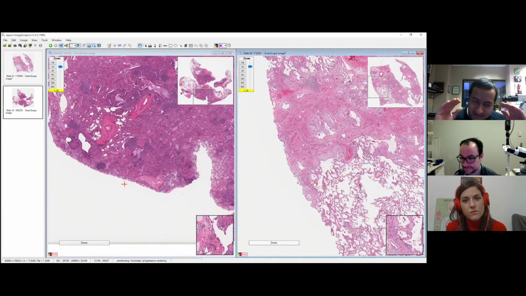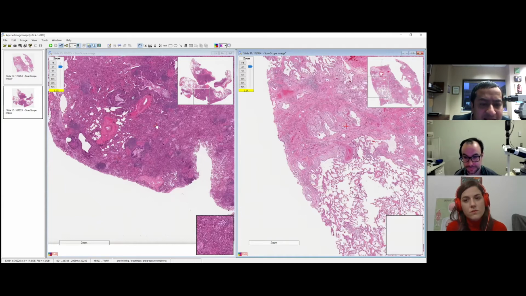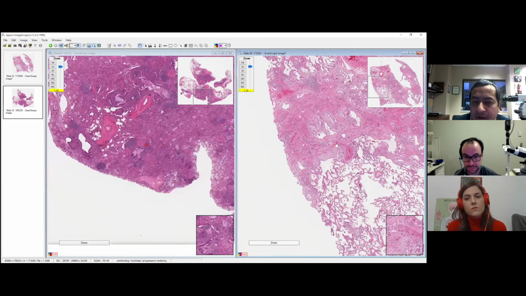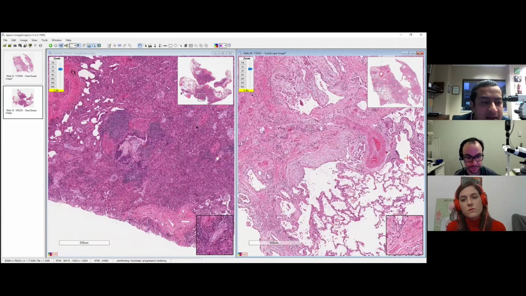The paper was meant to list all the differences between organizing pneumonia and UIP for this exact reason. One of the things it points out is that at low magnification, the fibroblast plugs of organizing pneumonia tend to be clustered. There tend to be many of them together.